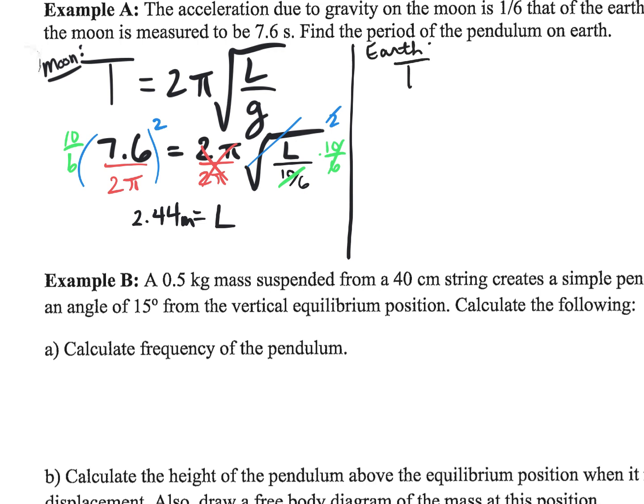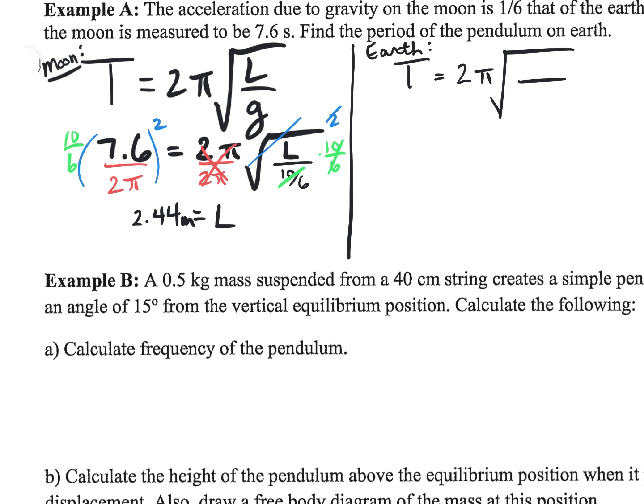We're going to use the same formula all over again, aren't we? 2 pi, only this time we know what the length is. Is the length of the pendulum going to change between the moon and Earth? No. The only thing that really changes is gravity, right? So predict for me. We said gravity had an inverse relationship, didn't it?